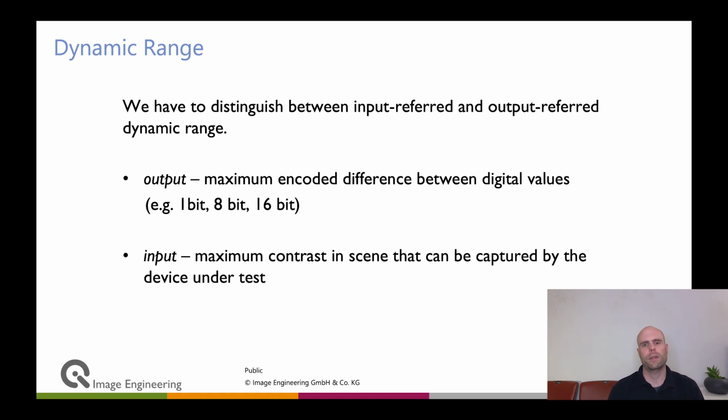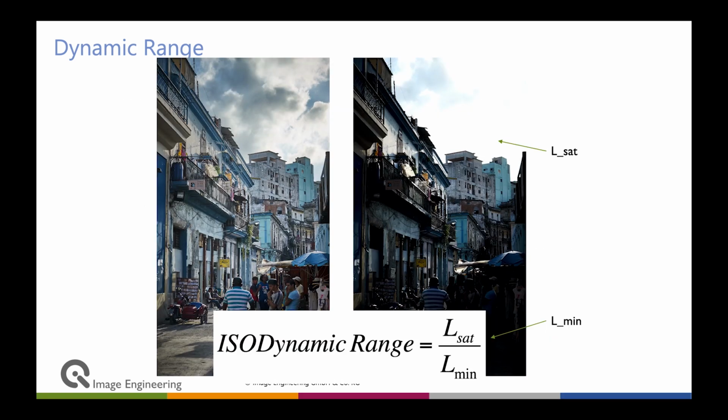So that is the ratio of the maximum luminance that we can have in a scene compared to the minimum luminance that we can have in a scene. So you see that here. So the dynamic range is the ratio of maximum luminance divided by minimum luminance. The maximum is defined by saturation.